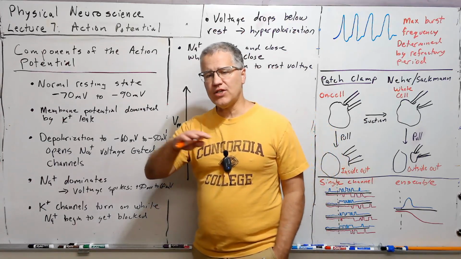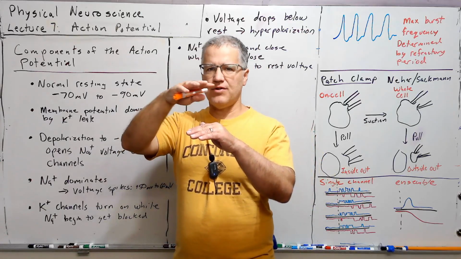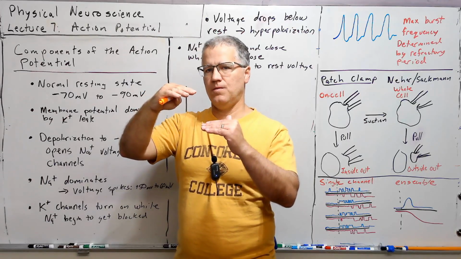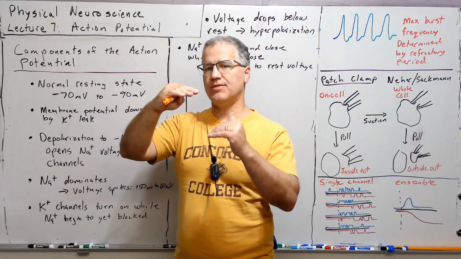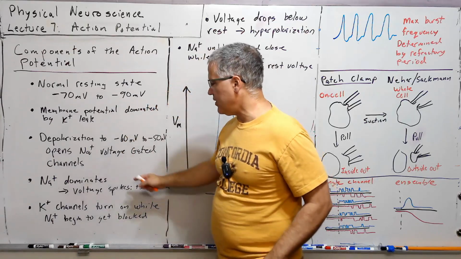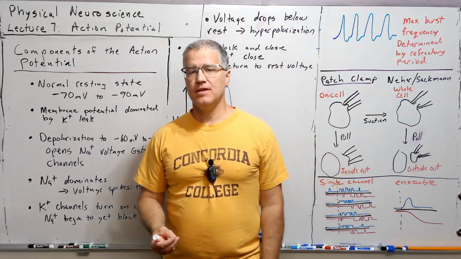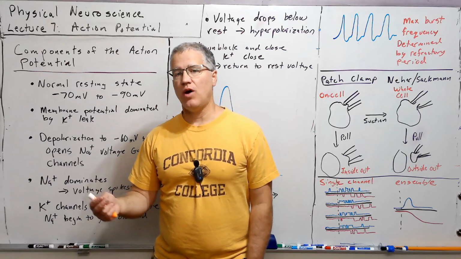Now there's a threshold, still negative, roughly around -60 to -50 millivolts, that if the voltage rises or depolarizes, becomes less negative, and crosses that threshold, that's when the sodium channels start to open up. They open up pretty rapidly compared to the potassium channels, which take a while to open up.